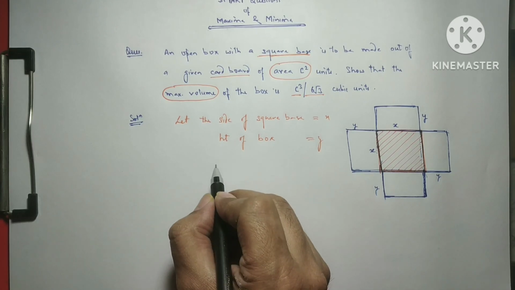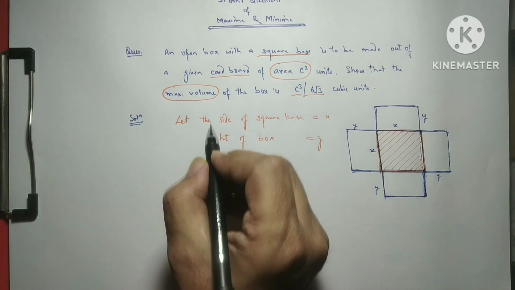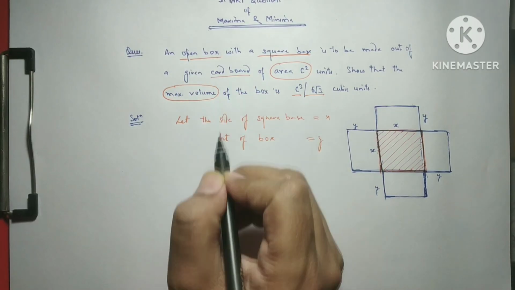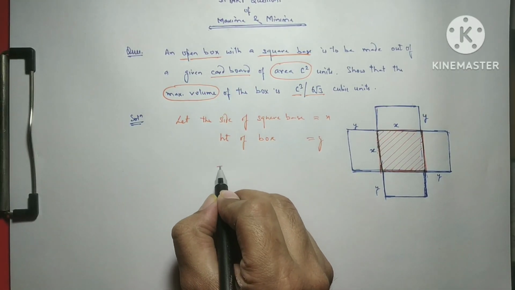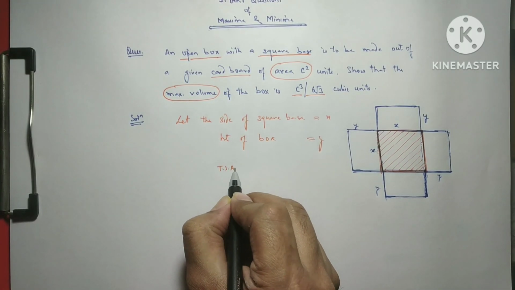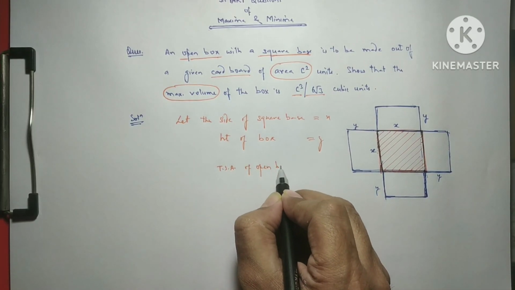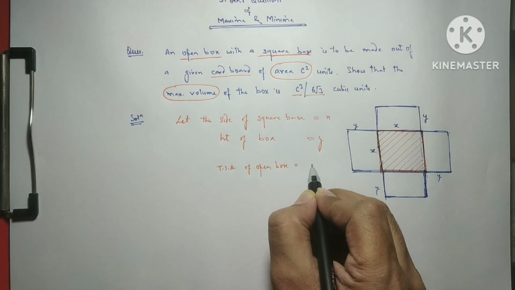So the total surface area of the open box, remember this box is open, so no roof, is given as c square.